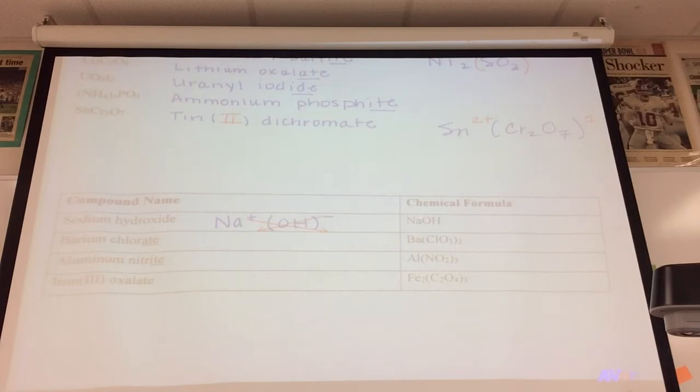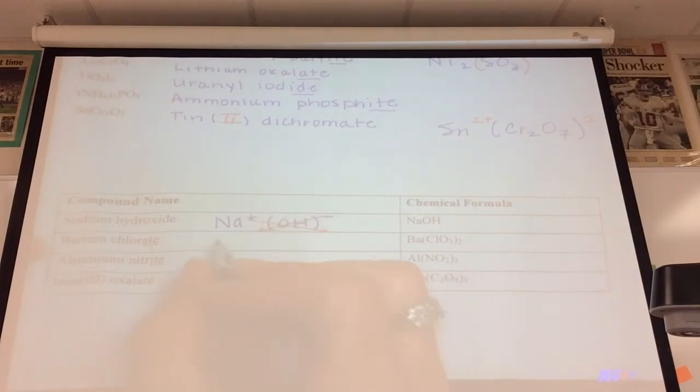You do not include parentheses if the number after the parentheses is 1, as you would have here. You drop the parentheses. The parentheses are necessary when you have more than one of that particular grouping, or in this case, polyatomic ion.